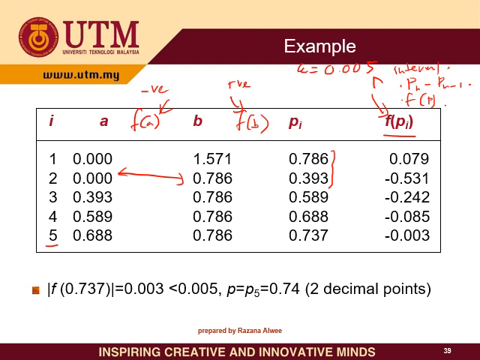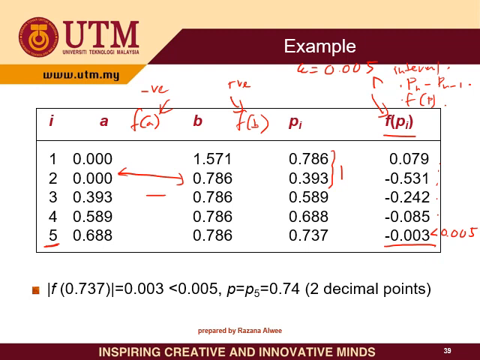For this question, we can see at iteration number 5, the function of p is 0.003, which is less than 0.005. Before this, there is none; all are bigger than 0.005. And the interval b minus a is also more than 0.005.